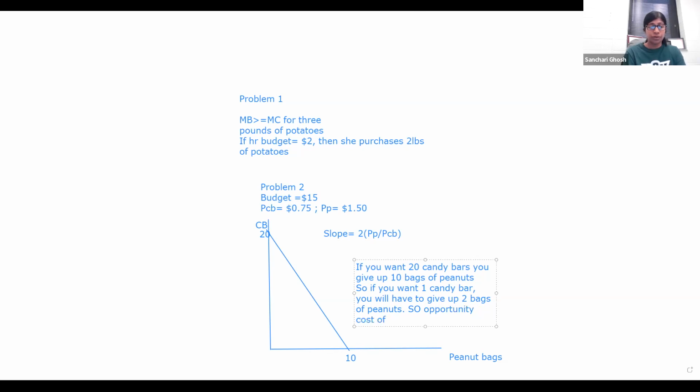So it seems the opportunity cost is high, you're giving up 2 bags of peanuts, and the opportunity cost of peanuts will be the opposite. If you want 1 bag of peanuts, you give up half a candy bar, something like that.